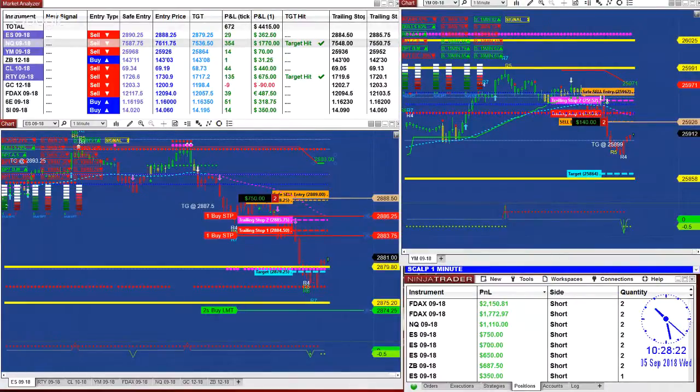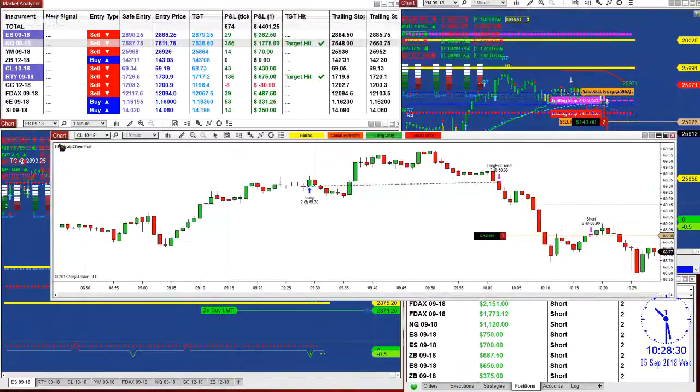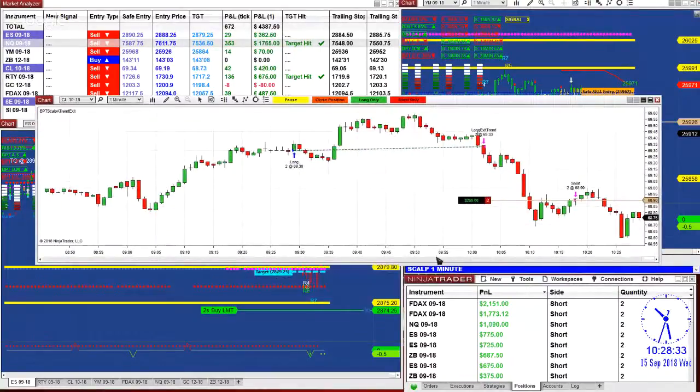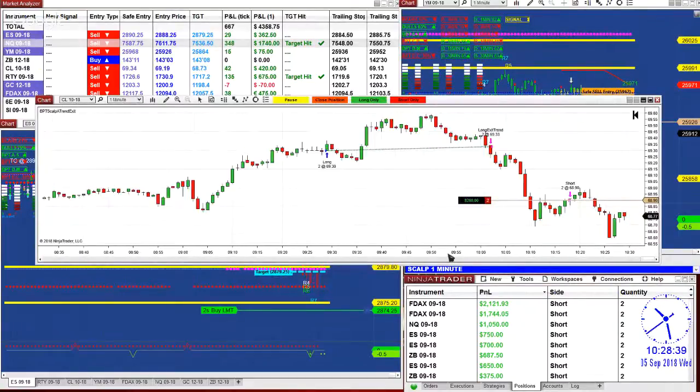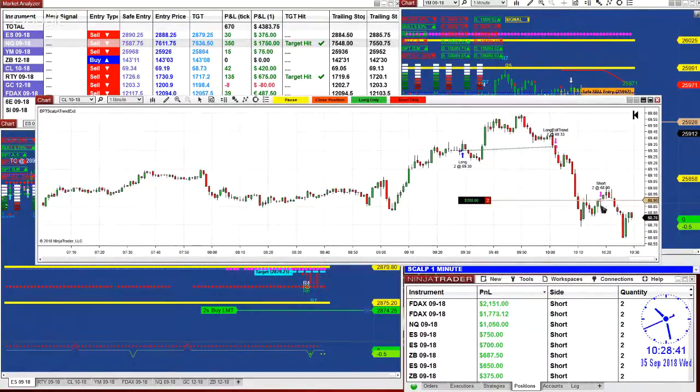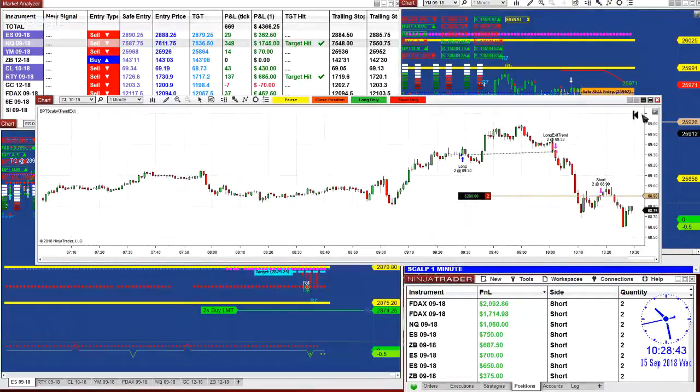Let me look at the CL. This is the CL 1 minute on the swing trading. Really not much going on. We have one almost break even, and we are in the right direction on the swing trading.